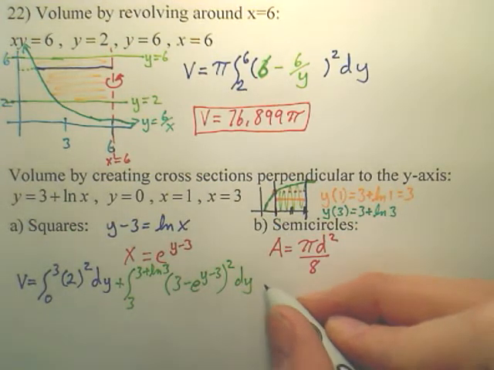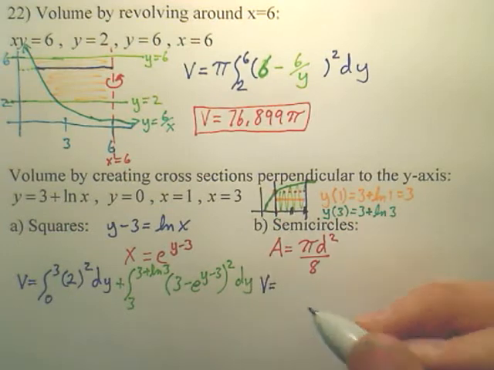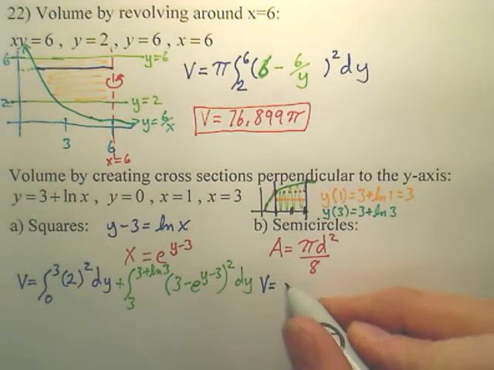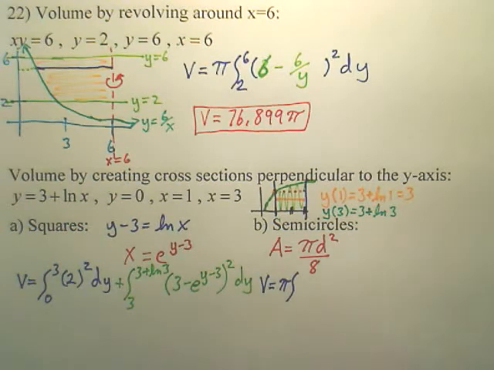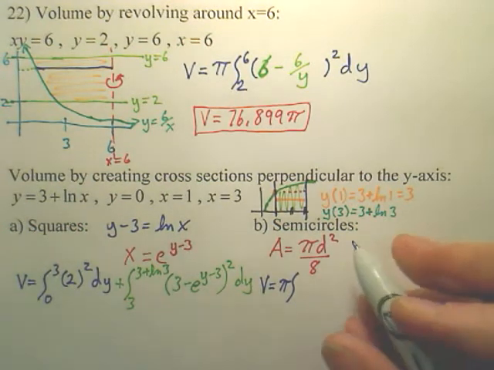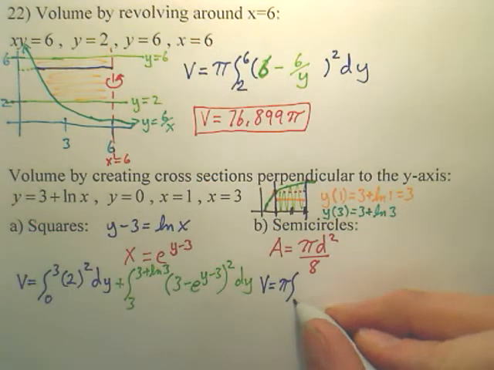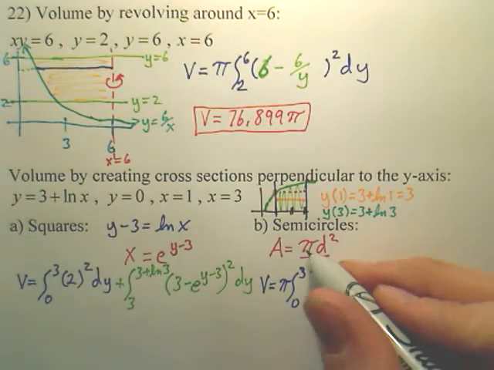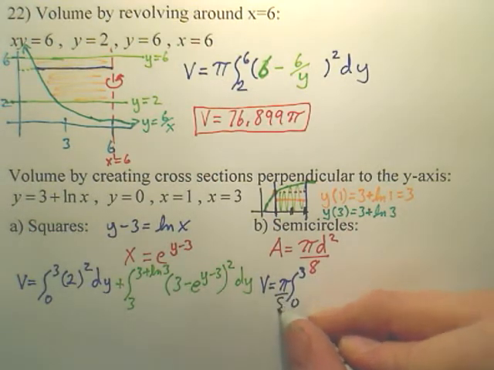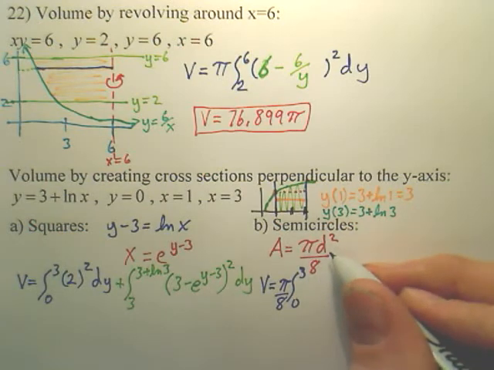So basically, with all that said, your volume for the first piece is going to be pi r squared, or in this situation, pi times diameter squared. The first one's from 0 to 3. Pi goes out front. Oh, isn't it pi over 8 actually? And then we just need to square the diameter.